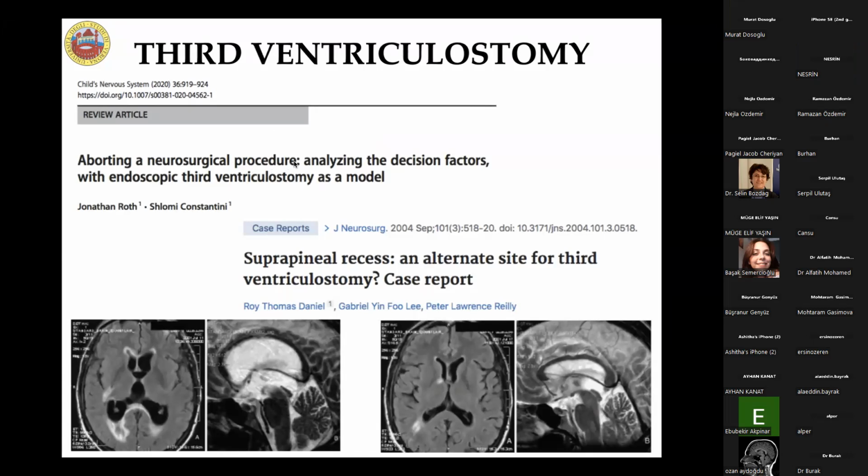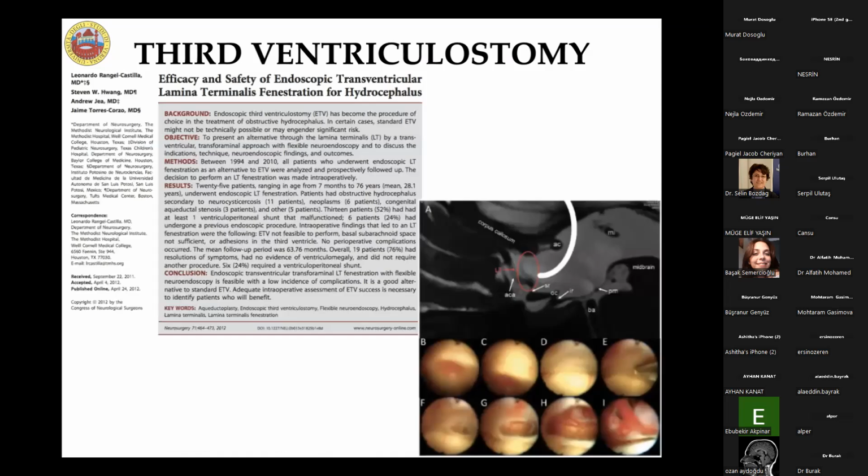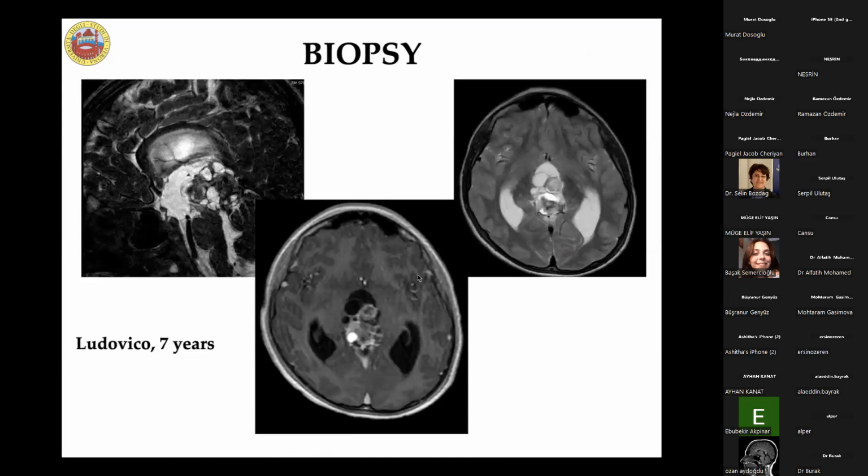There are some publications saying that sometimes it is wiser to abort such a procedure and accept that it's better to place a VP shunt, or to consider different sites for third ventriculostomy, like the suprapineal recess, or even the lamina terminalis, as some colleagues published.